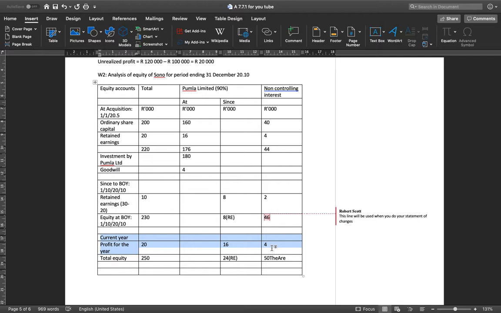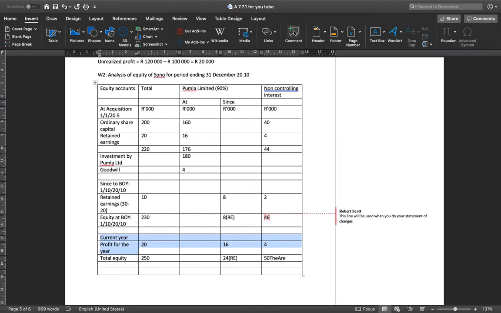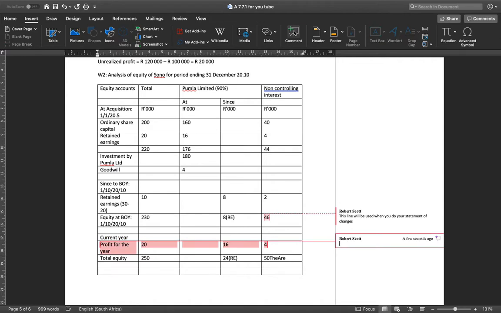And remember that Pumla sold to Sono, so that means that the profit is all for Pumla, so therefore Sono doesn't share it at all, so you won't see it on the analysis of Sono's equity.